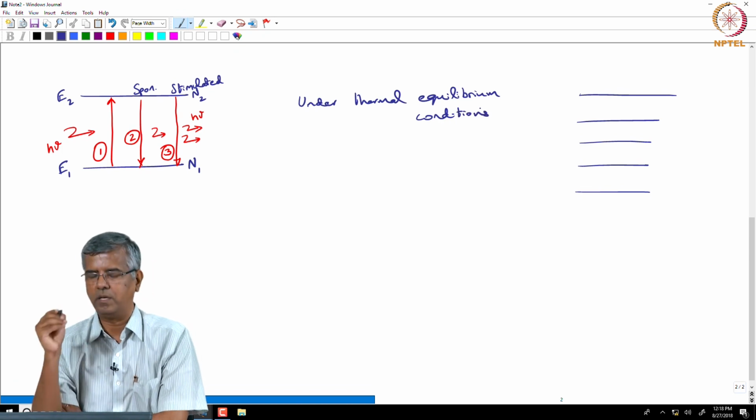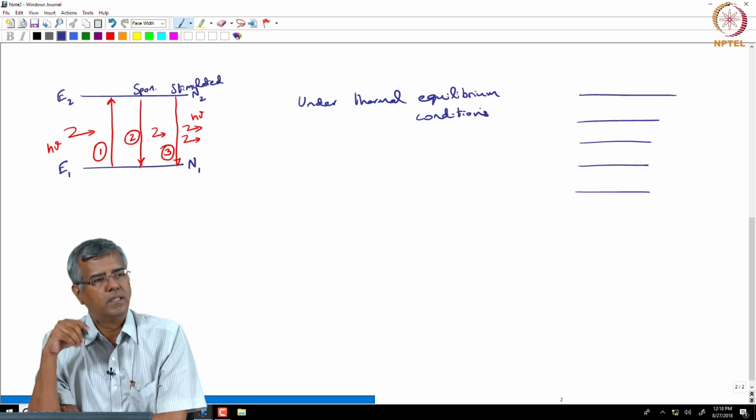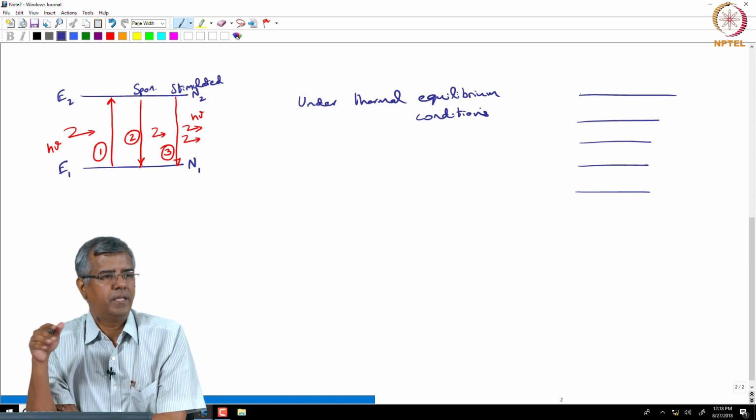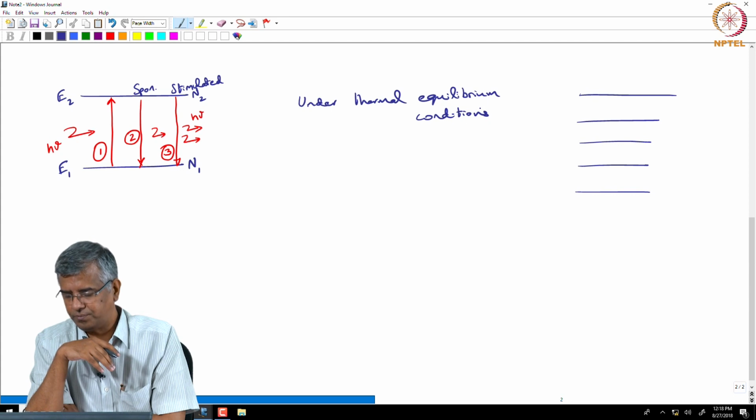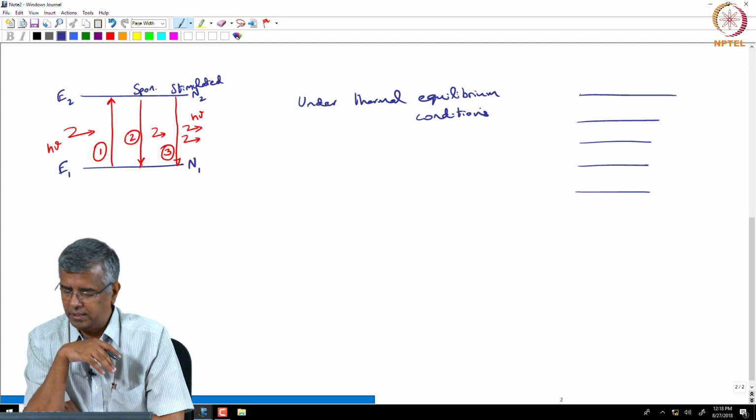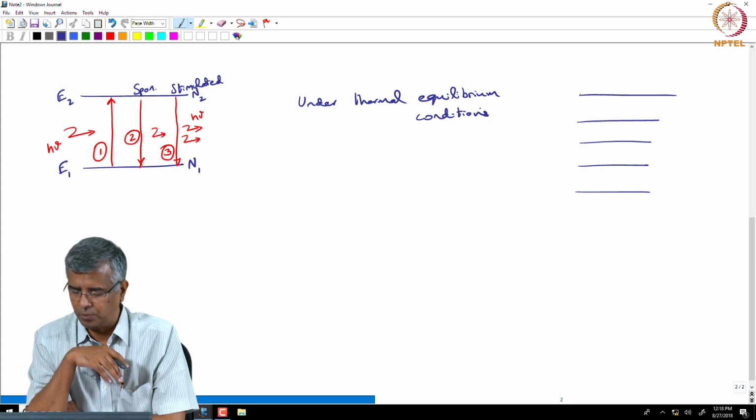So, what does thermal equilibrium conditions mean? That you have elevated the atoms to a particular temperature, you subjected them to a particular temperature and you are holding them there. So, things are not changing rapidly around that point.